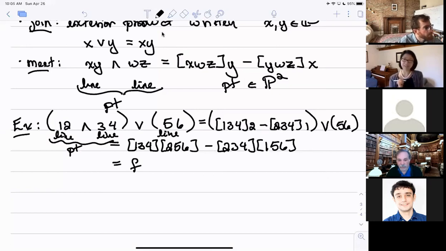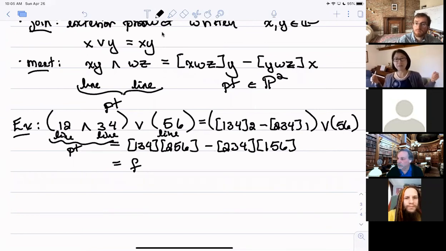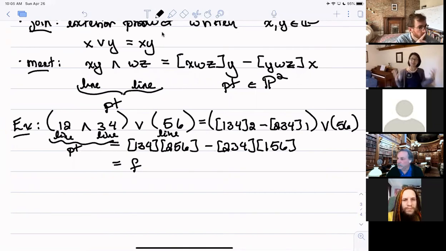This is another line. 5, 6 is another line. So if I look at the left-hand side, using geometry, I can interpret when f has to vanish. I have 3 lines, 1, 2, 3, 4, and 5, 6. And the polynomial will vanish exactly when those 3 lines are coincident, when they meet at a point. And that's not something you expect 3 lines in P2 to do, right? You expect 3 lines in P2 to generically form a triangle, okay?